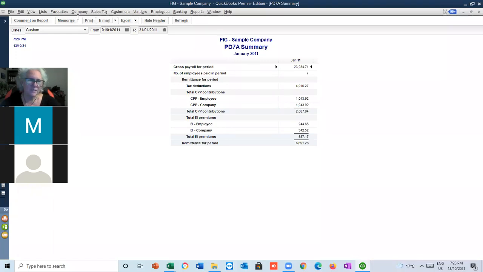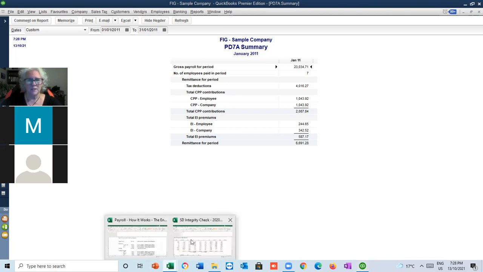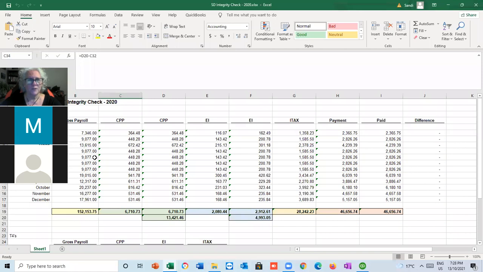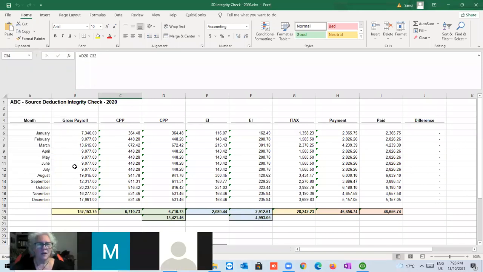The PD7A states this is what I should have paid. Then I will create an Excel spreadsheet, a source deduction integrity check, and I will transfer all the information from a PD7A exactly, and it'll state what my payment should have been.